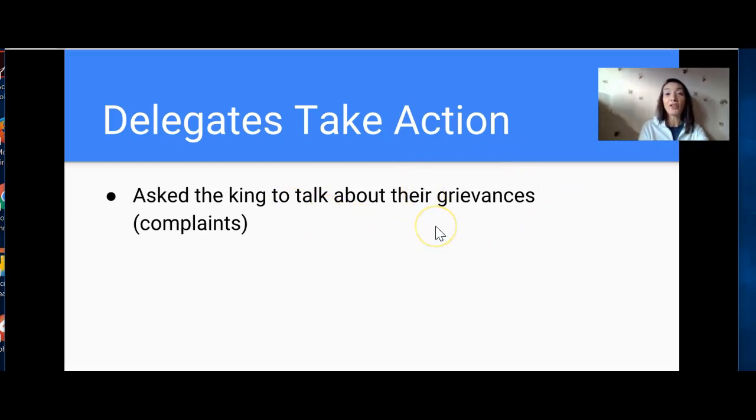Now we're bringing forth a whole bunch of new words today. A grievance you can think of as a complaint. So let's take a thinking timeout from the American Revolution, and think about what a grievance might look like today. If you're a kid, you might have a grievance against your parent.